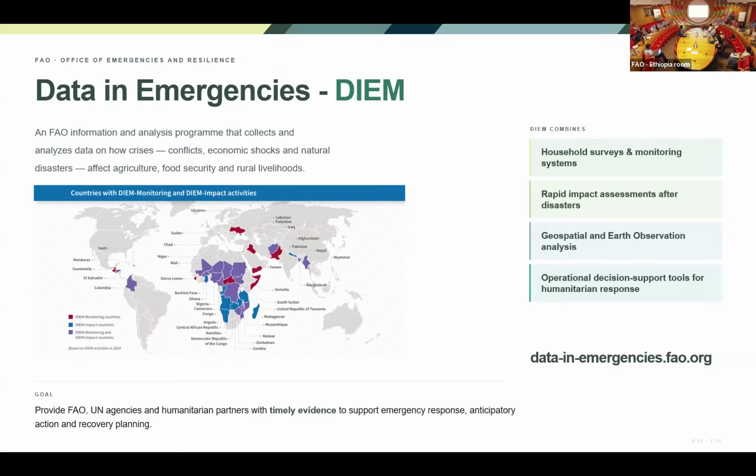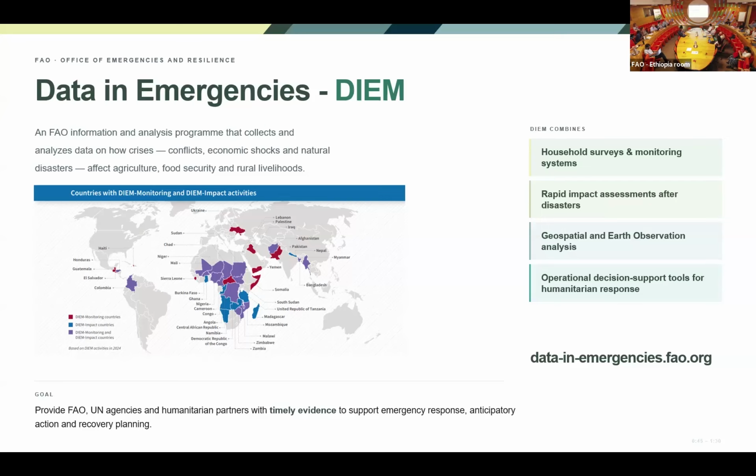I work in a program called Data in Emergencies, known as DIEM, and what we do is to collect and analyze data in order to better understand how crises affect agriculture and agricultural livelihoods, and we include both natural and man-made crises. How we do that?